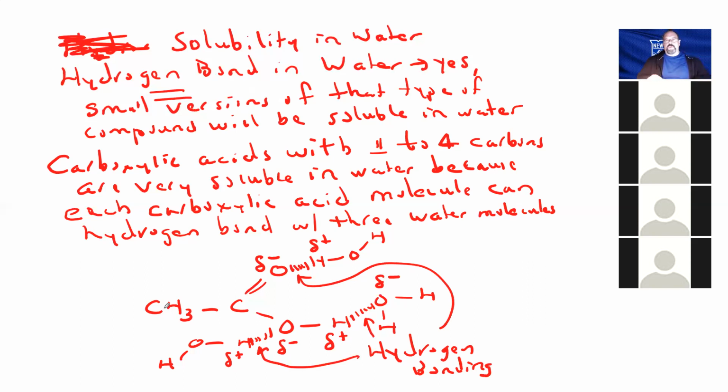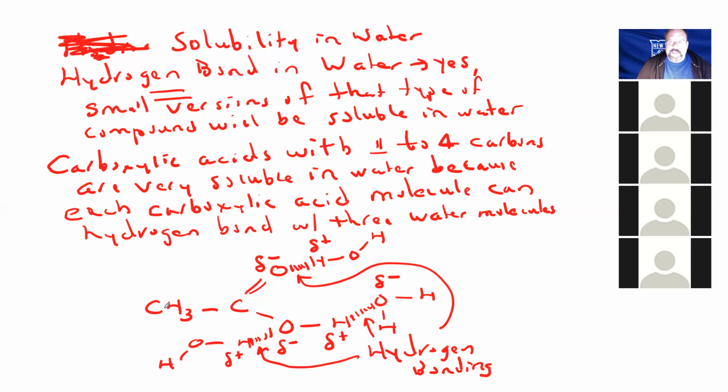And then what we also talked about, just to remind ourselves, is that just like with alcohols, aldehydes, and ketones, for carboxylic acids, as the number of carbons in the compound increases, the solubility in water decreases, because the more and more carbons that are present, the more and more difficult it becomes for water molecules to get to where they need to for hydrogen bonding to occur.